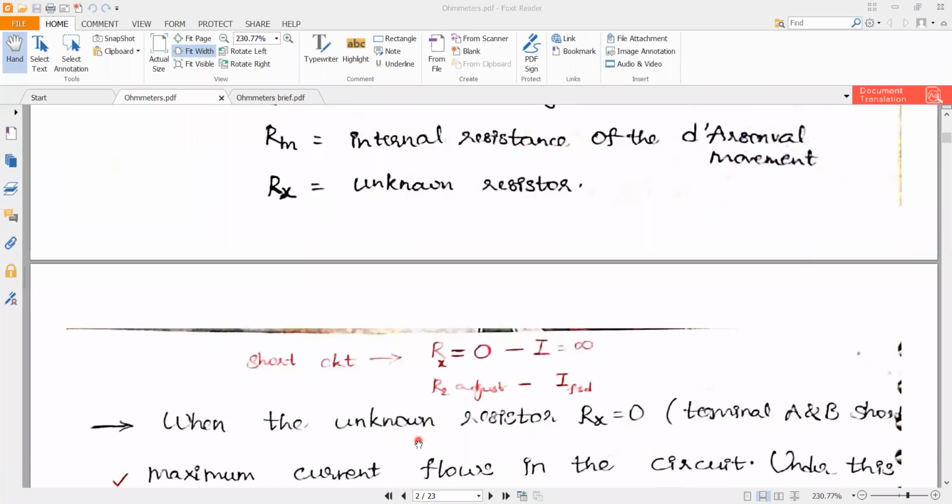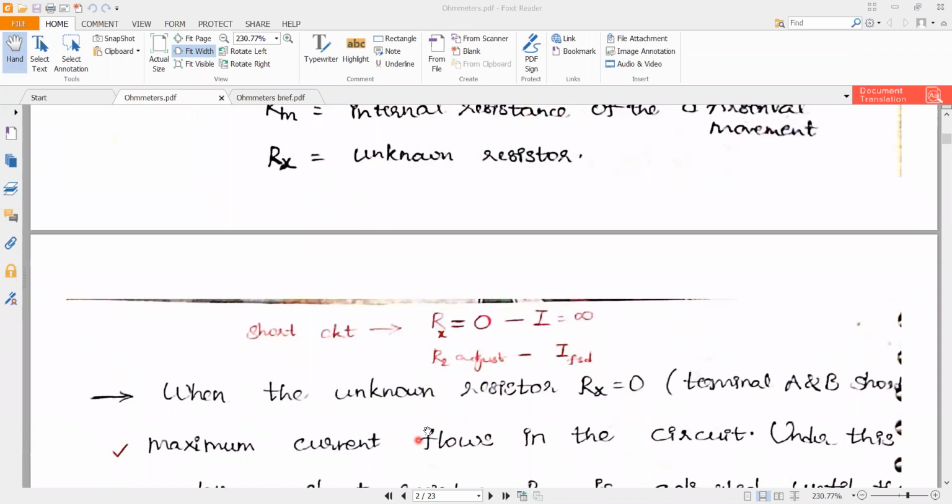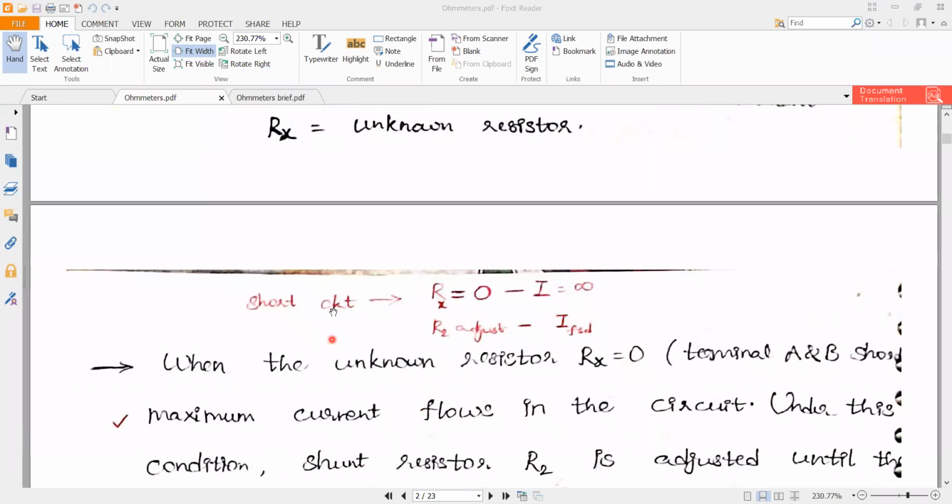If terminals A and B are short circuited, then Rx is equal to 0. When the resistance is 0, across this PMMC meter the flow of current is maximum.